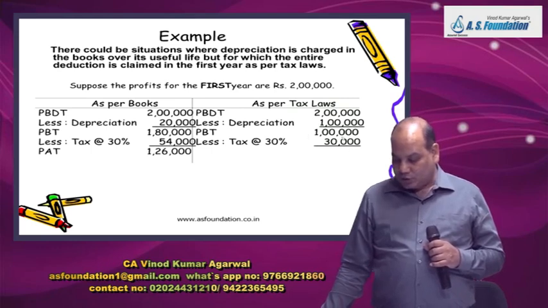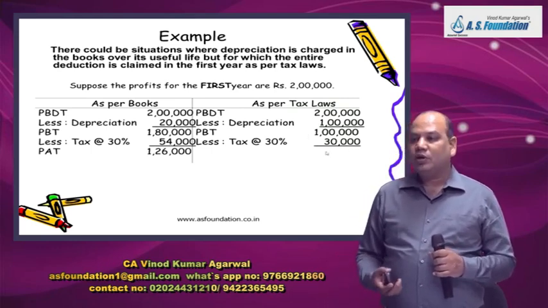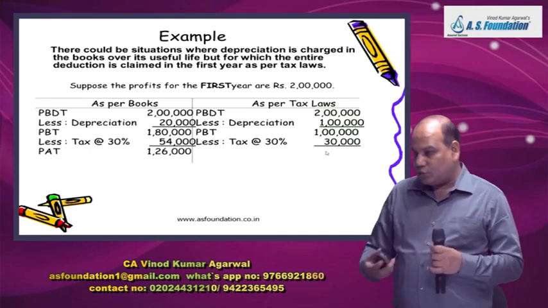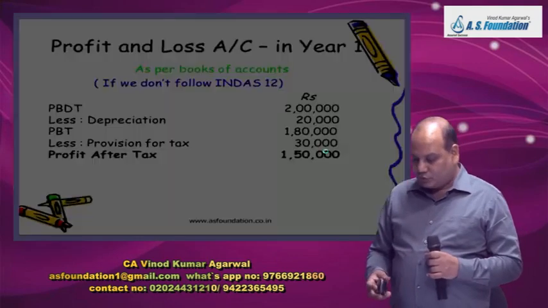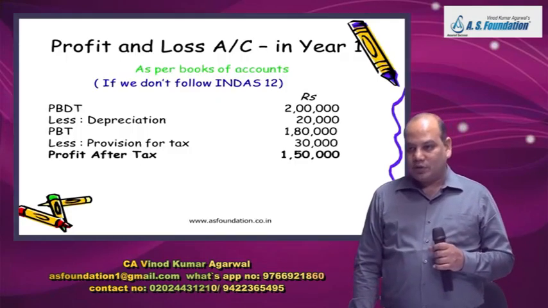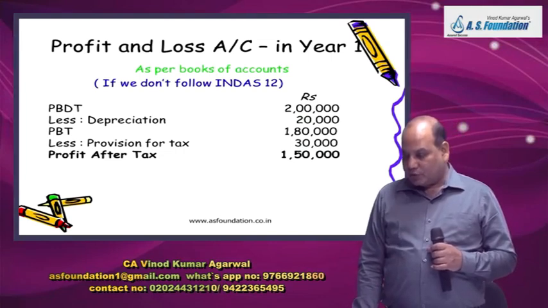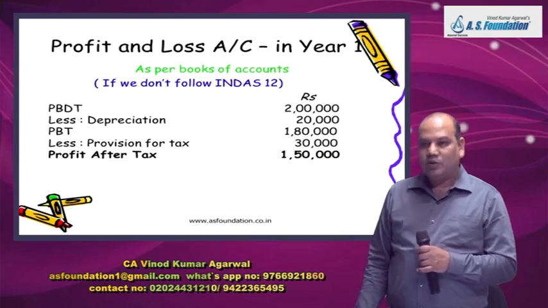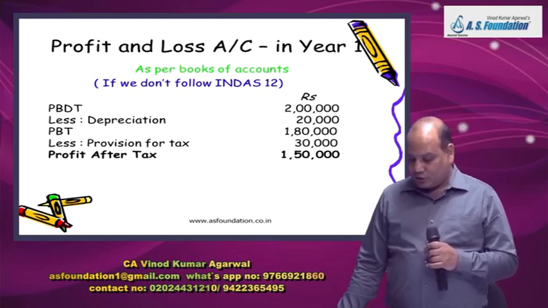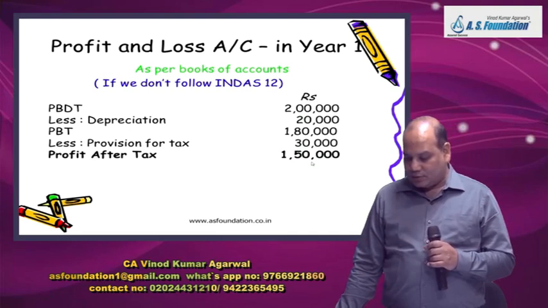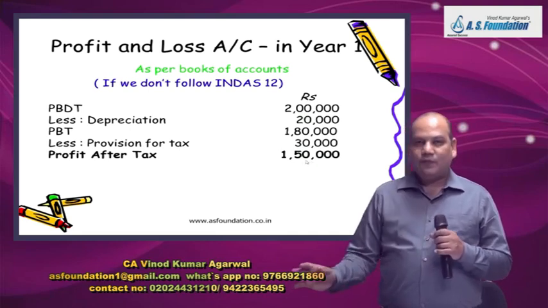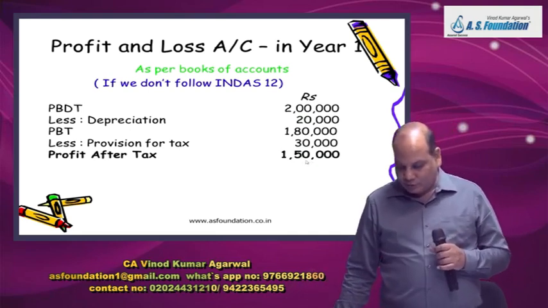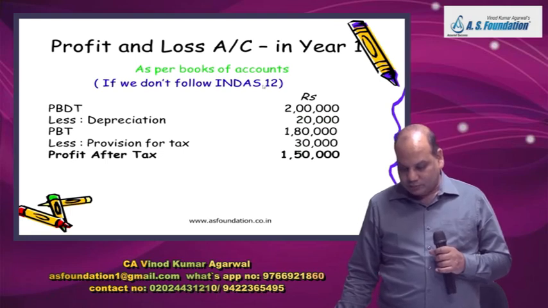So the company says that we will provide only 30,000. I have to pay 30,000 only. So they provide 30,000 in the first year instead of 54,000, based on what they have actually paid or payable to the government. So my first year profit after tax is 1,50,000 if we don't follow Ind AS 12.